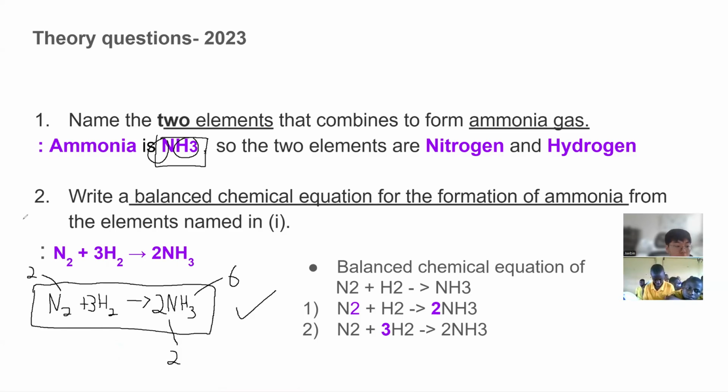So this is the final balanced equation. That's how you make a chemical reaction, by combining different molecules and atoms or ions. And then it forms a product, but at the end, you have to make sure that the numbers match.